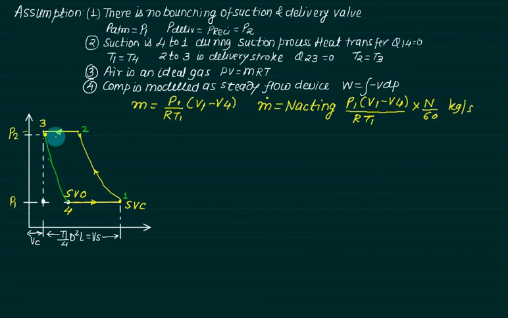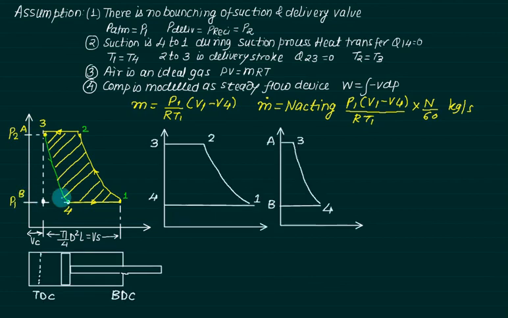To find out the work done, we require the area 1, 2, 3, 4. We will consider here one point, that is point A, and here point B. So, we can calculate the area 1, 2, 3, 4 as area 1, 2, A, B minus area 4, 3, A, B. The first figure represents a reciprocating compressor with clearance.